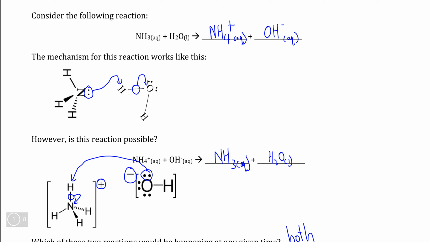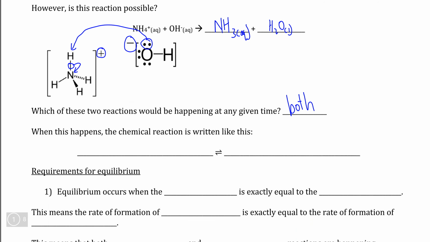What that means is that a certain amount of NH3 is undergoing the base ionization where we produce OH-, and a certain percentage of that OH- is going to take the hydrogen back from NH4+ and give us water again, such that both reactions are happening simultaneously.